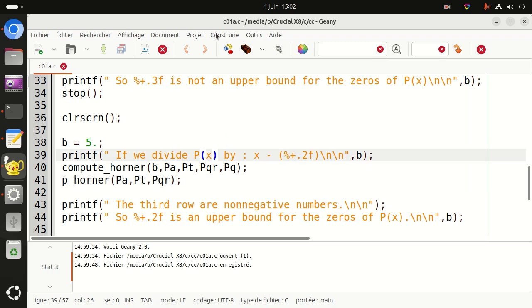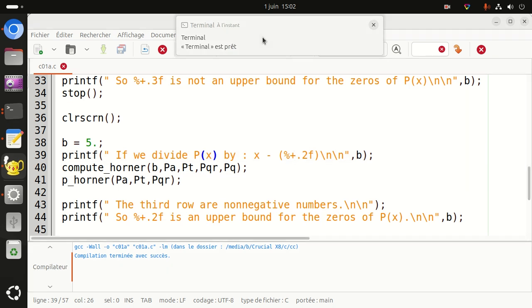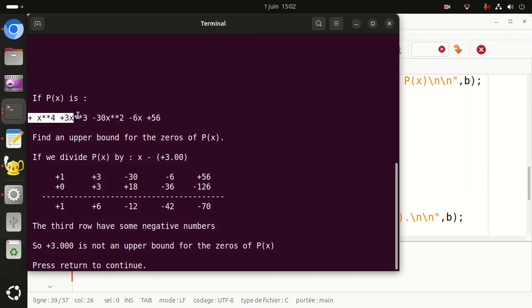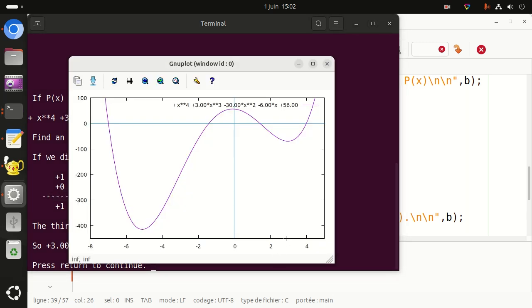Now I try the C file. This is the polynomial. This is the binomial. I have chosen here 3. 3 is here.